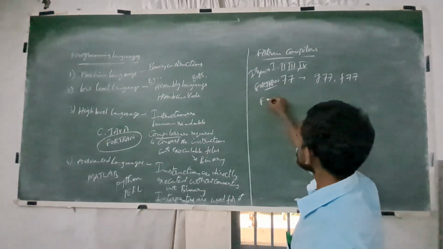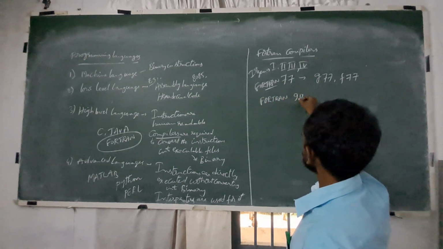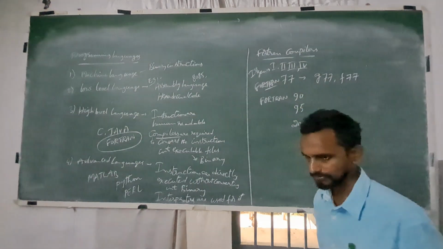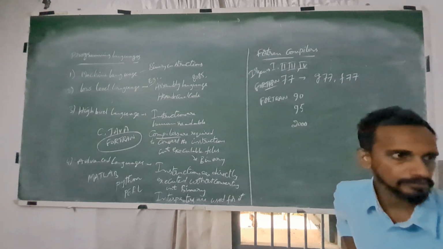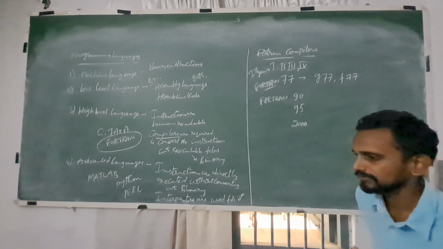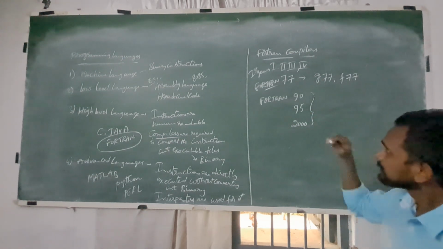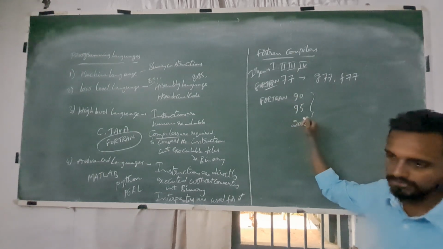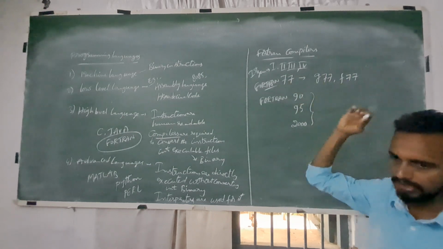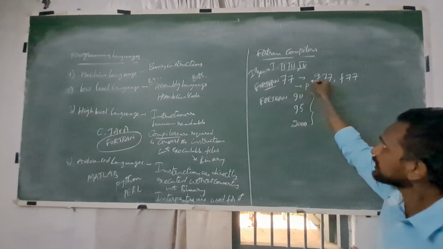Other upgraded versions are FORTRAN 90, 95 and 2000. These languages are more sophisticated, whereas FORTRAN 77 was first executed on punch cards. It was developed for punch card machines.